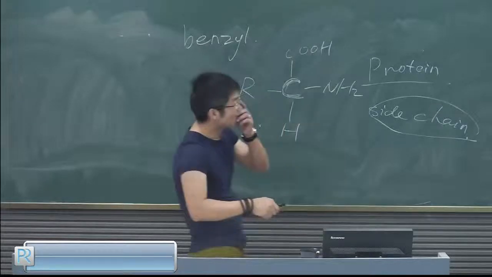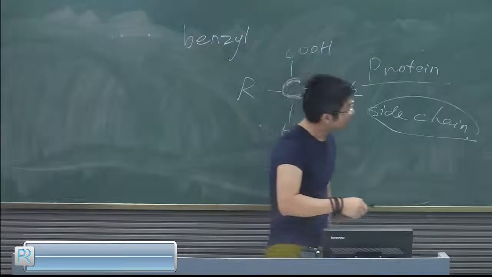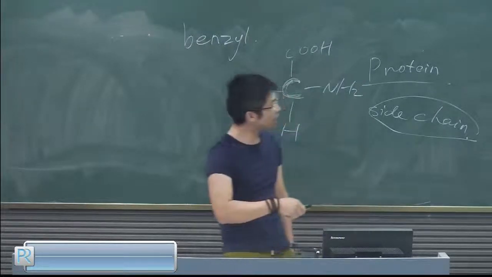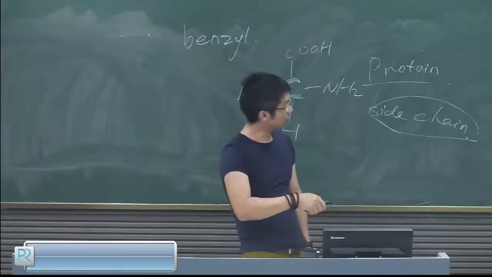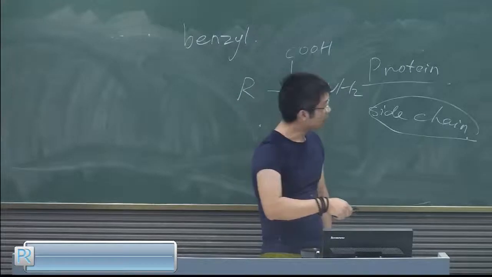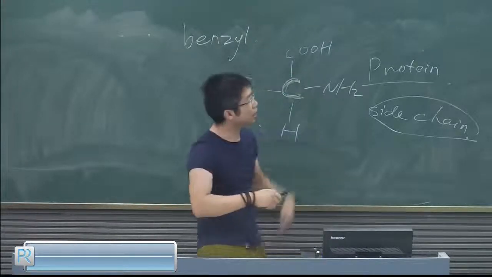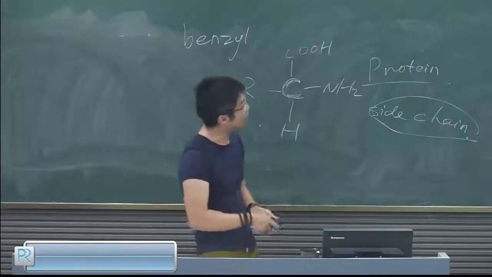And tryptophan. Tryptophan is also an amino acid. Arginine, lysine, aspartate, glutamate and glutamine. It's different, right? And asparagine and serine and histidine. So here there are 20 standard amino acids.